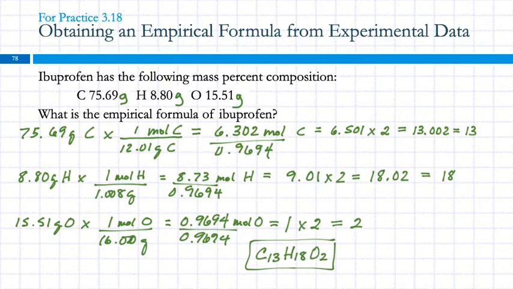Yes? Yep. Yeah, if I multiply one, I have to multiply all of them. Because what I got before multiplying was C6.5, H9O.